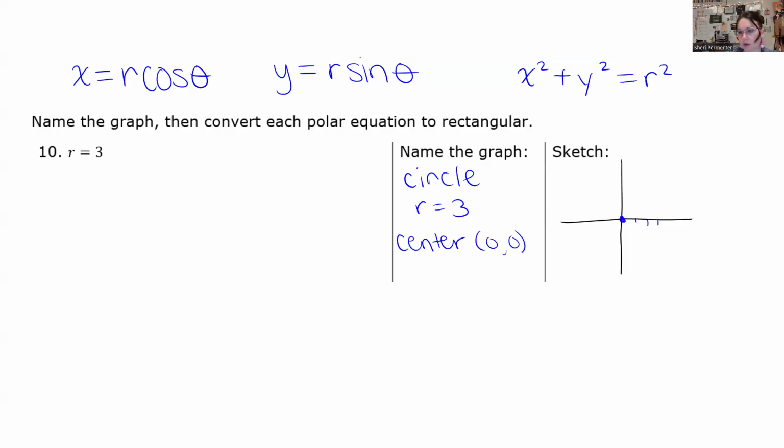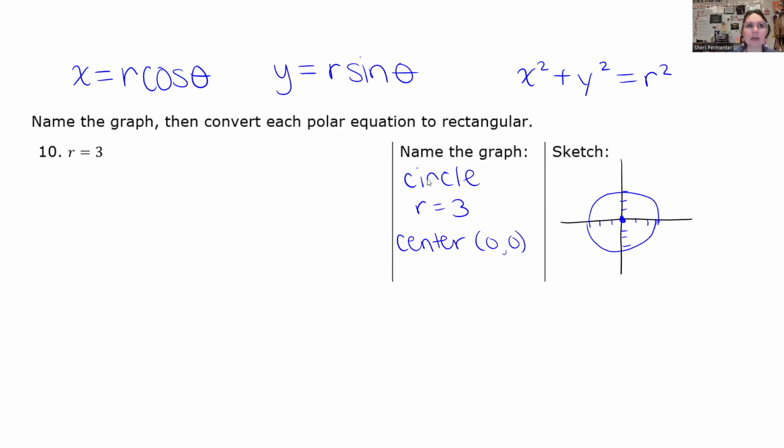We've got the center. 1, 2, 3. We're going to pretend like I made a beautiful circle.